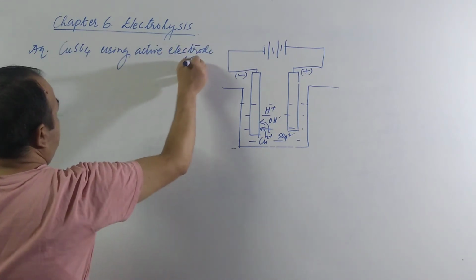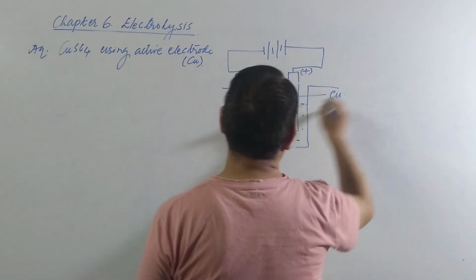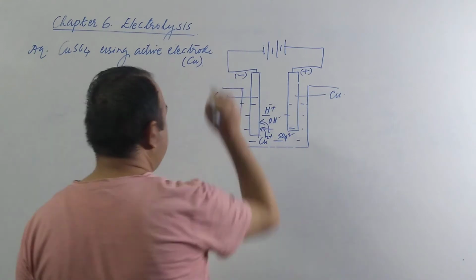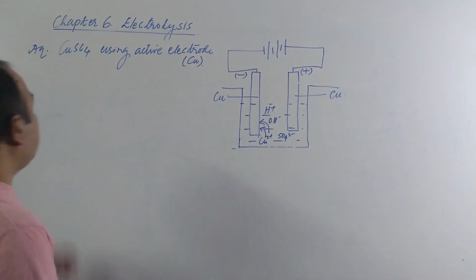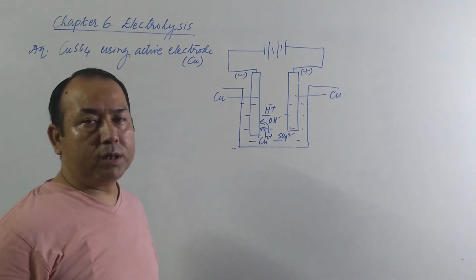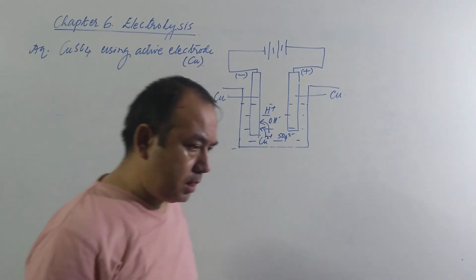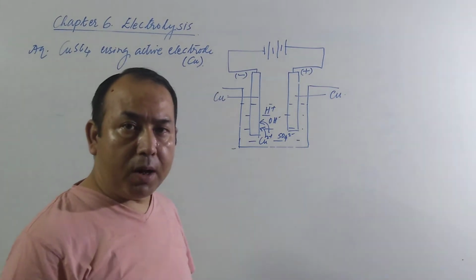Here both cathode and anode are made up of copper. Then what will happen? The beginning part will be the same: the electrolyte is aqueous copper sulfate solution. Then after that comes the electrode, copper.